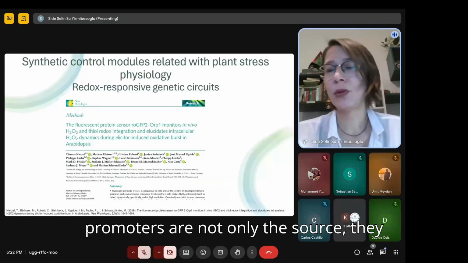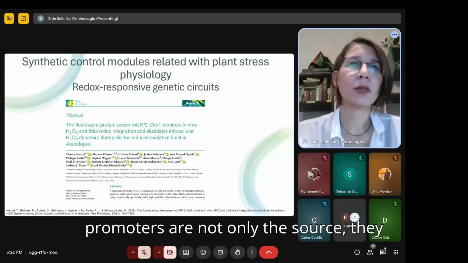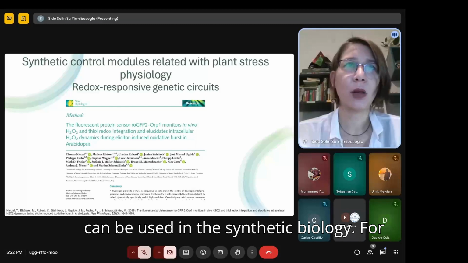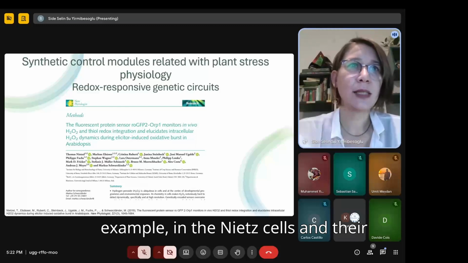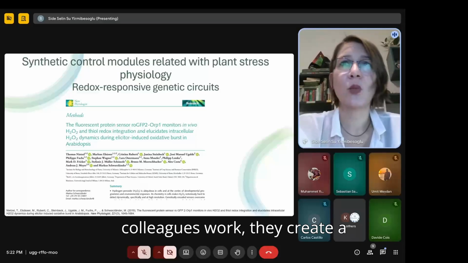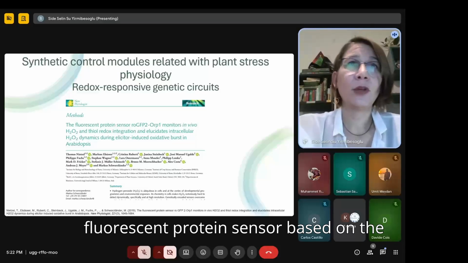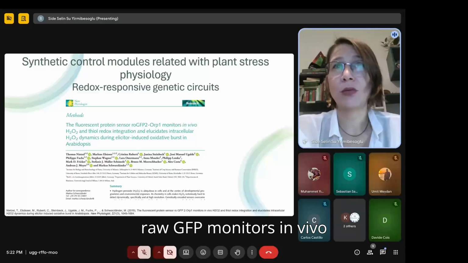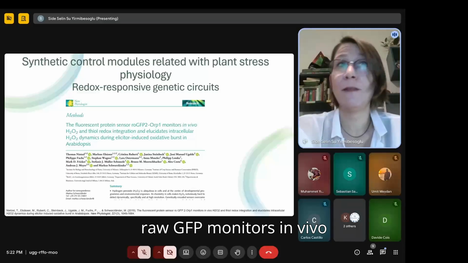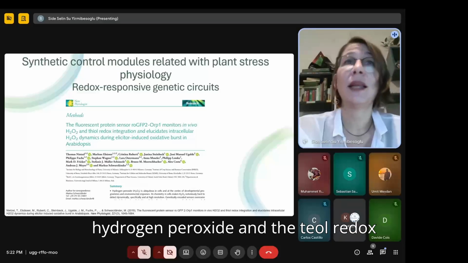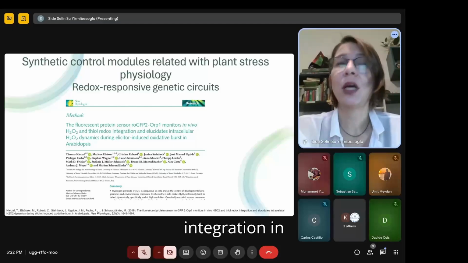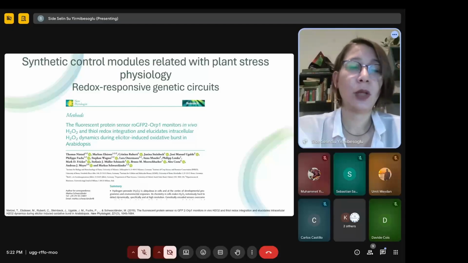But promoters are not the only source that can be used in synthetic biology. For example, in the work of Niet et al. and their colleagues, they created a fluorescent protein sensor based on roGFP, which monitors in vivo hydrogen peroxide and thiol redox integration in the cells.